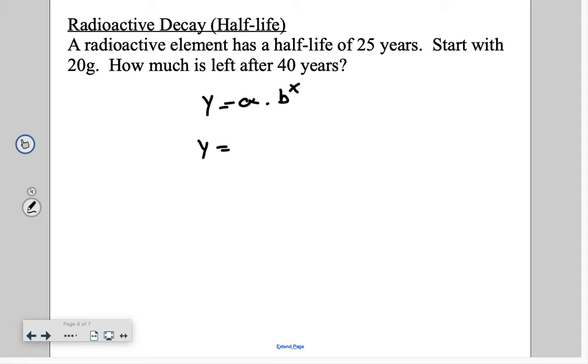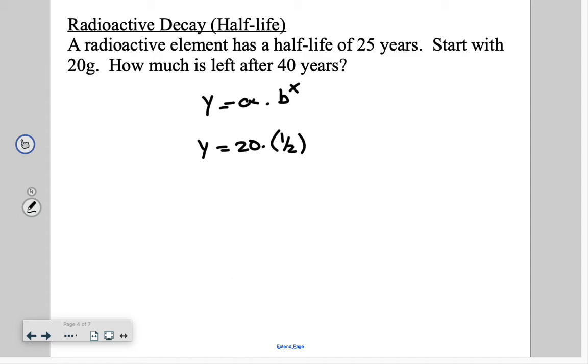That was your starting amount. That was just like the a value. So we're starting with 20 grams times, what's the b value? What's my multiplier here? It's a half. Because you're always taking half of what you started with. Okay? So your multiplier, that's why a half-life problem, your multiplier is 1/2.